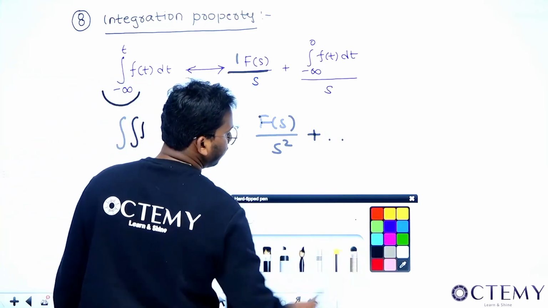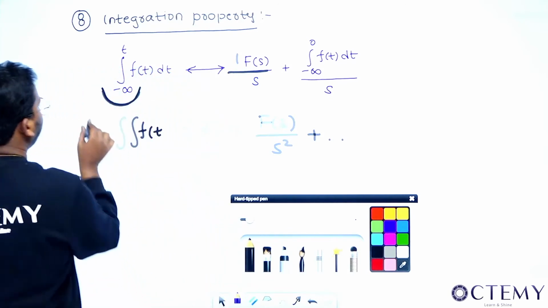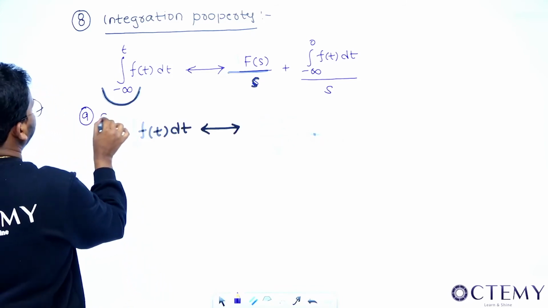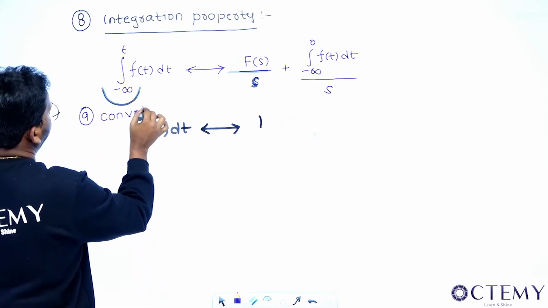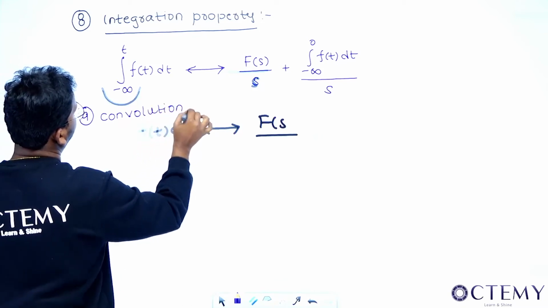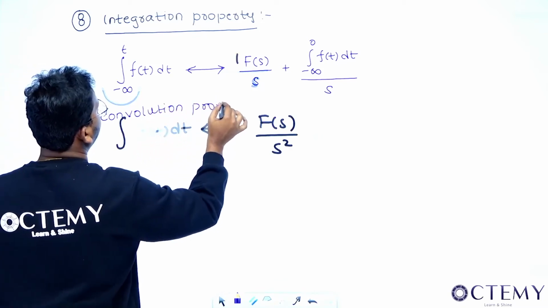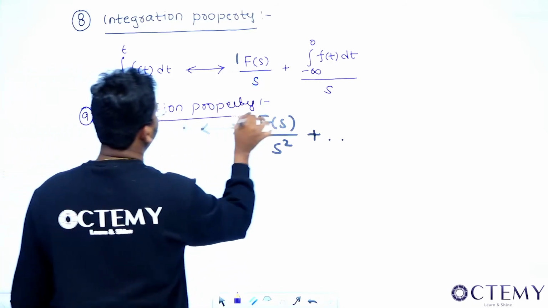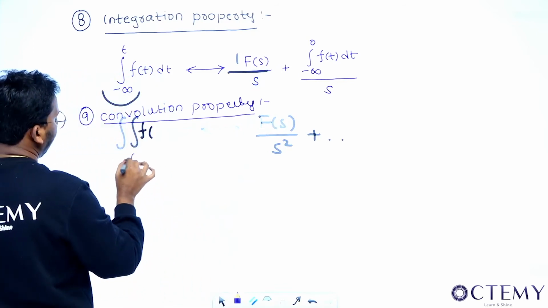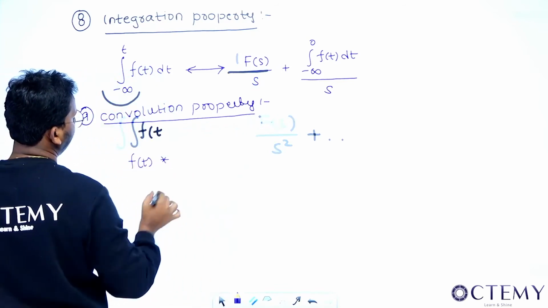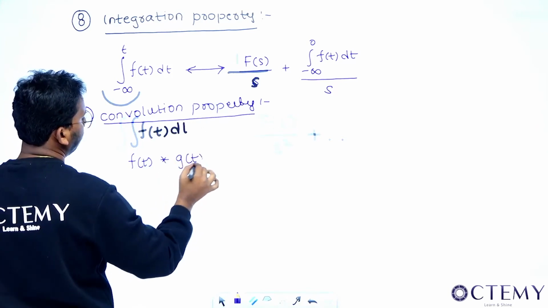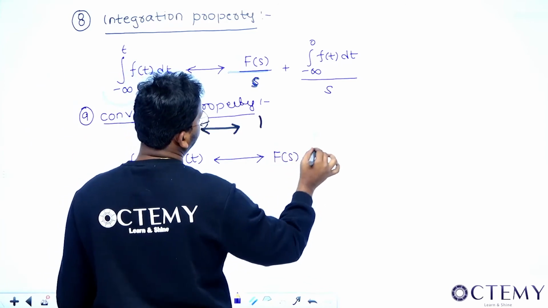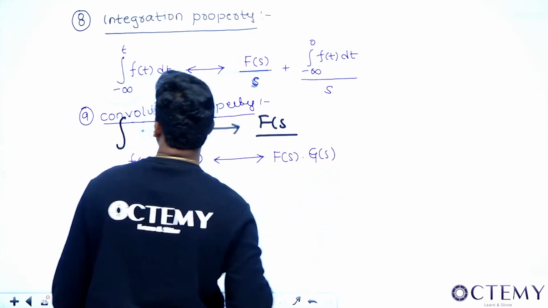Very good, sir. Next, what is the ninth property which I want to write about? The ninth property is the convolution property. According to the convolution property, I can write that f(t) convolution g(t), if you take the Laplace of it, will become F(s) into G(s), right?